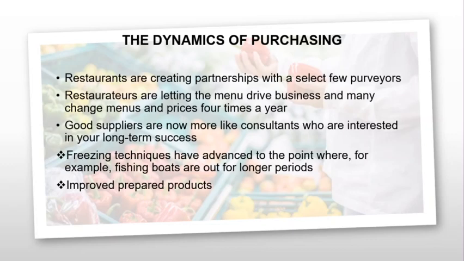Sebab some of the restaurant ataupun owner restaurant ni dalam setahun kadang-kadang you akan tukar menu and price 4 times a year. Jadi sangat penting you kena ada hubungan yang baik dengan supplier ni, so that dia boleh keep on track setiap item pembelian you. Kalau katakanlah harga lebih kurang mahal sikit, you boleh tolak ansur dengan dia. Okay, lepas tu you kena ada partnership yang bagus.